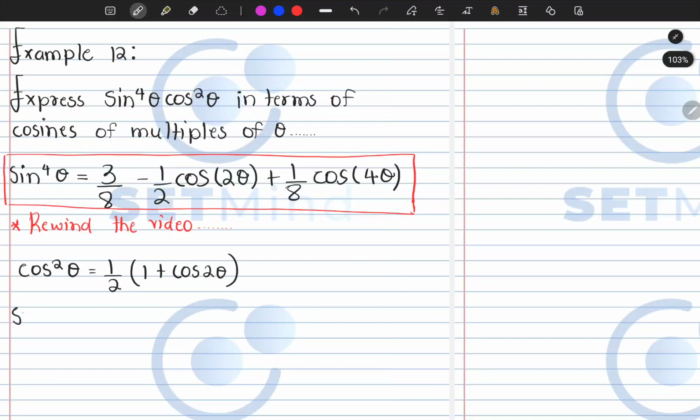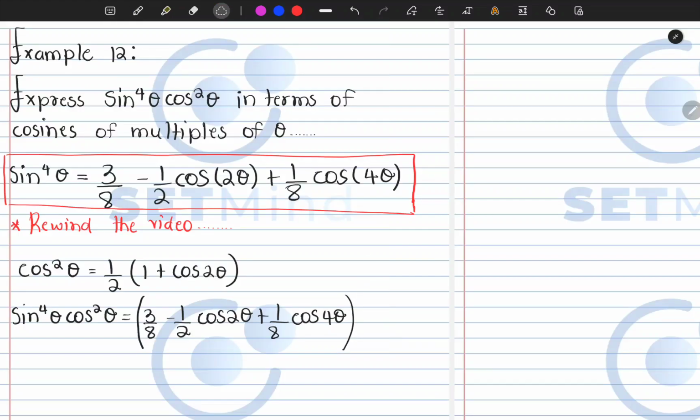So essentially, when I look at sine to the power 4 theta multiplied by cos squared theta, I'm just multiplying these two expressions which I found previously, which will be the 3 over 8 minus 1 over 2 cos 2 theta, and then plus 1 over 8 cos 4 theta.